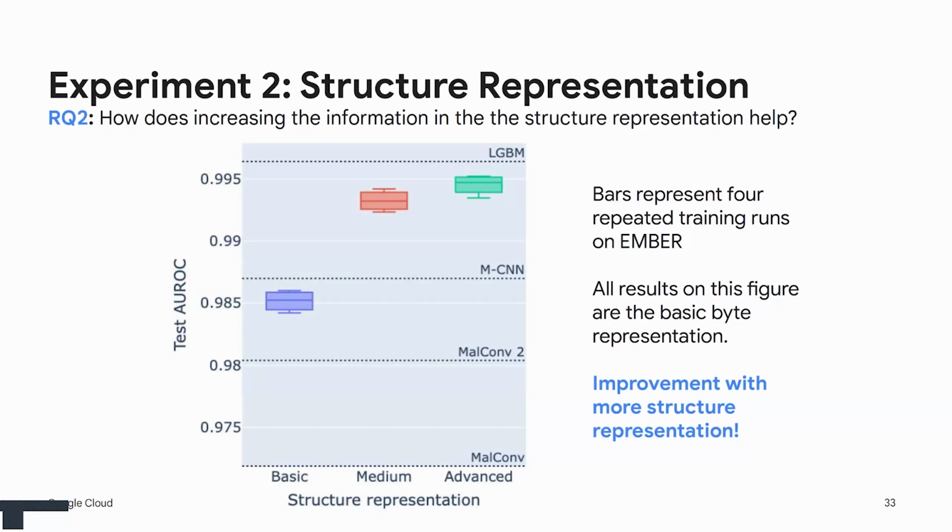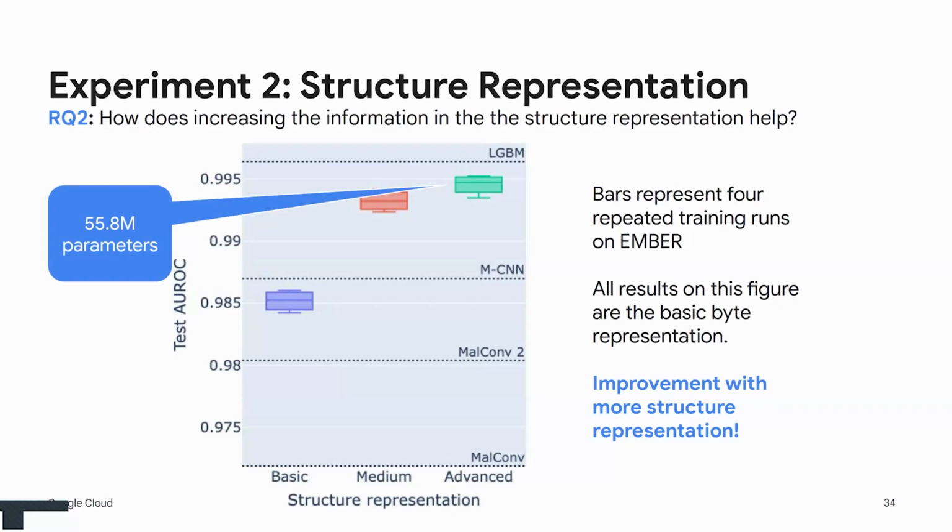I haven't really talked about model sizes yet, so it's worth noting. Depending on your point of view, these are either really big or really small. If you're in the large language model space, these are small. If you're in the AV space, these are big. The biggest here is 55.8 million parameters, which is notably much bigger than the size of Ember of 1 million parameters. If anyone's curious, we should talk in the QA session on that.